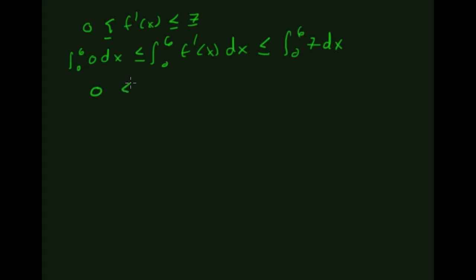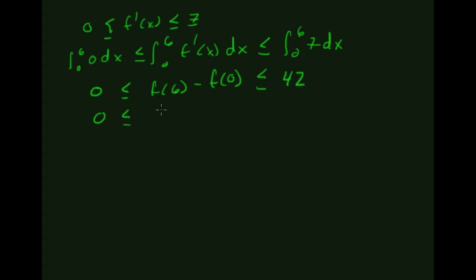Well, this is 0. This is going to be f of 6 minus f of 0, and this is 6 times 7, which is 42.